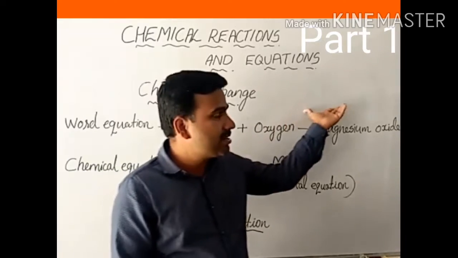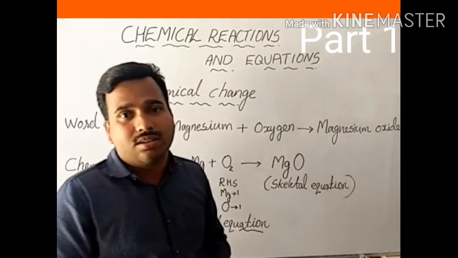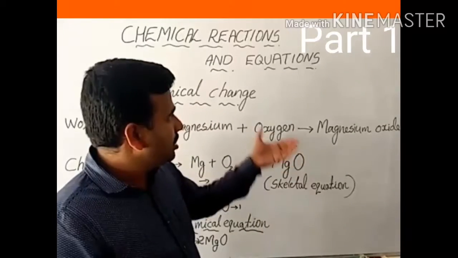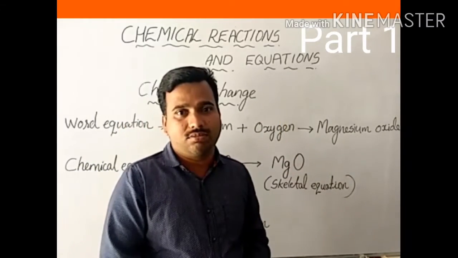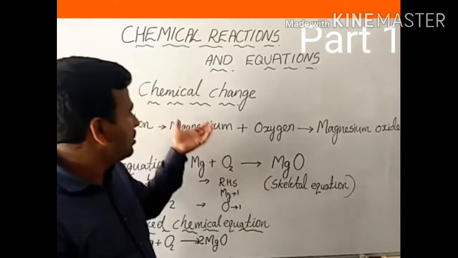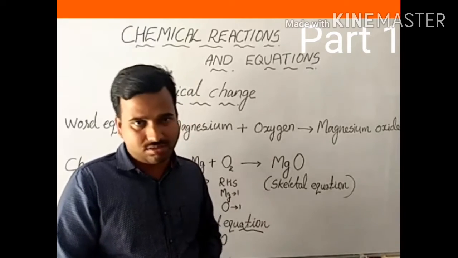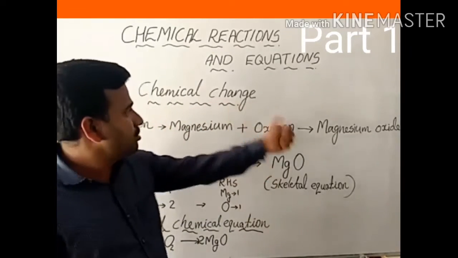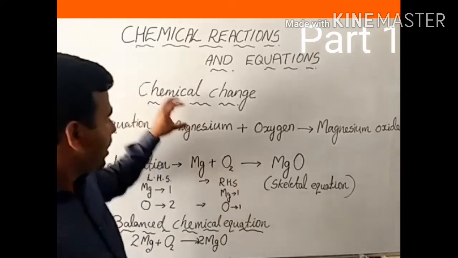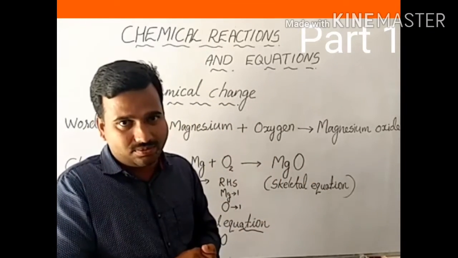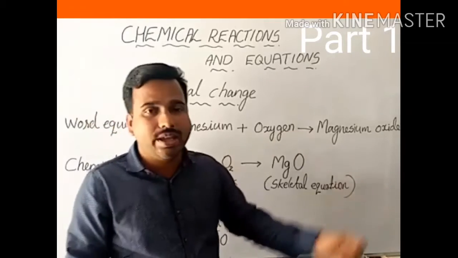Similarly, once the iron gets rust, you cannot turn back the rust into iron. So these are all the properties of chemical change. These are irreversible changes, and one substance loses its identity once it turns into a new substance.